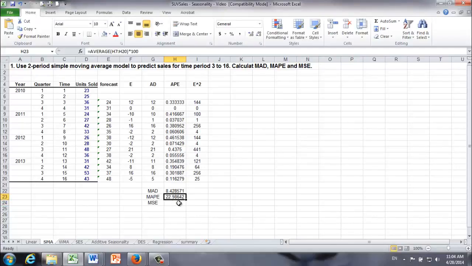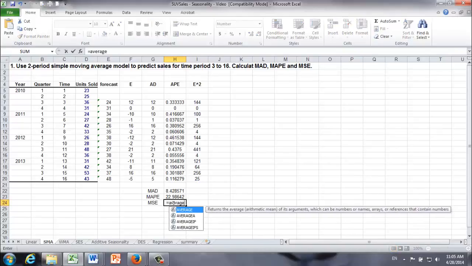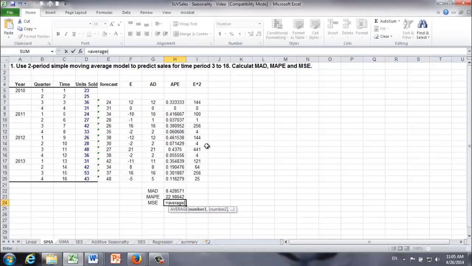And the meaning of this number is, on average, the forecast error is about 22.98% of your actual sales. In the end, we're going to calculate mean squared error. No surprise, it's going to be equal to the average of all those squared errors.